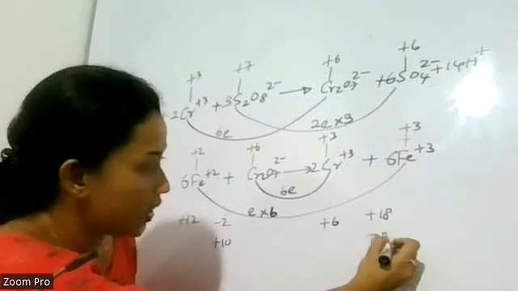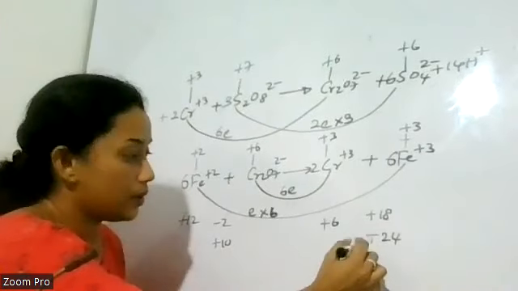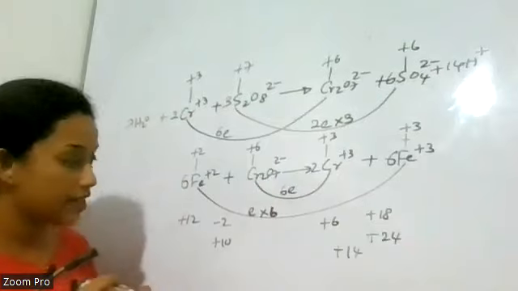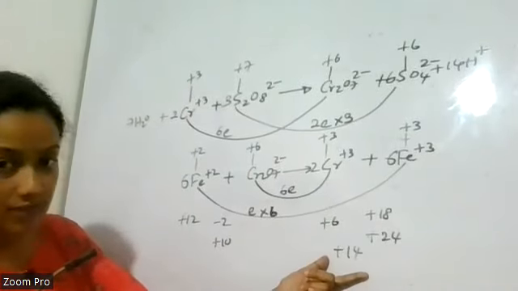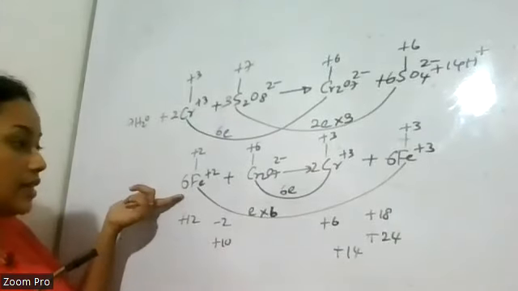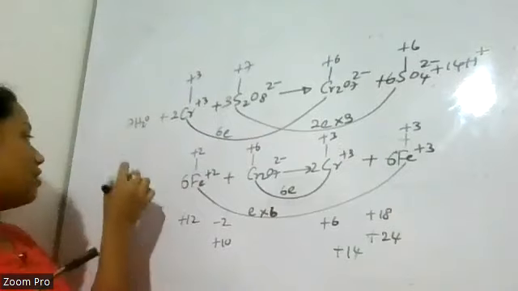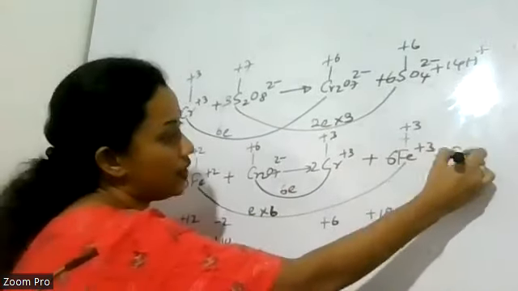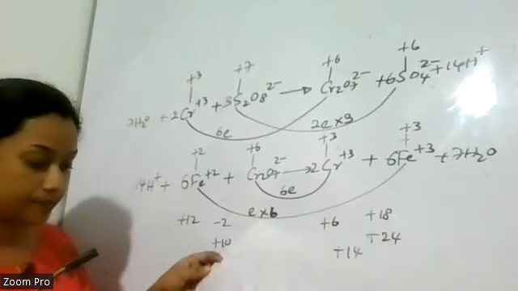That means plus 24, and an additional 14 is there. Additional 14 H plus is there. Therefore, we have to balance the additional H plus on this part. Therefore 14 H plus should be added, and 7 H2O should be added.